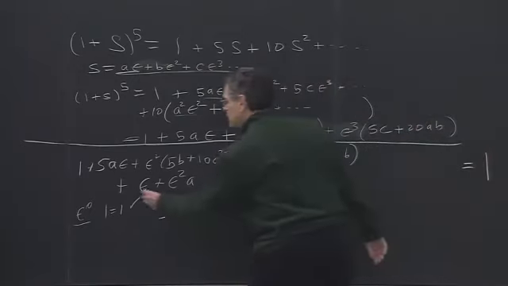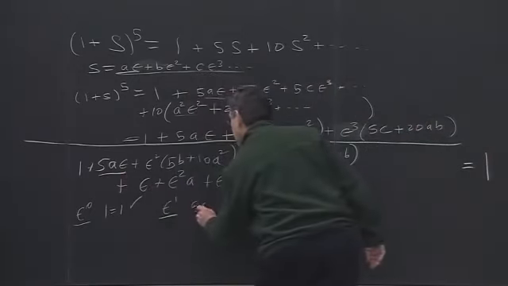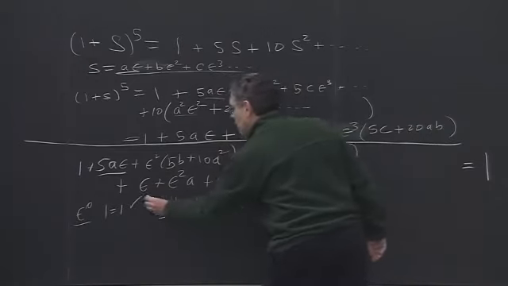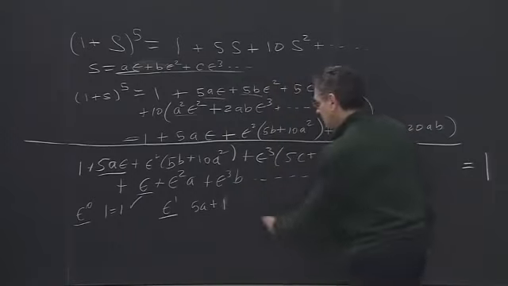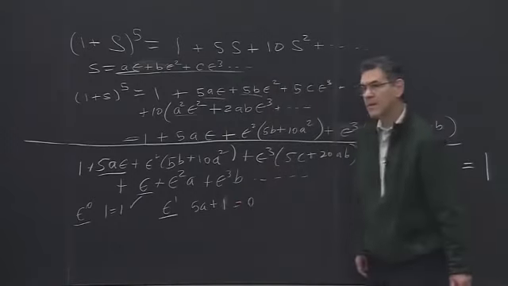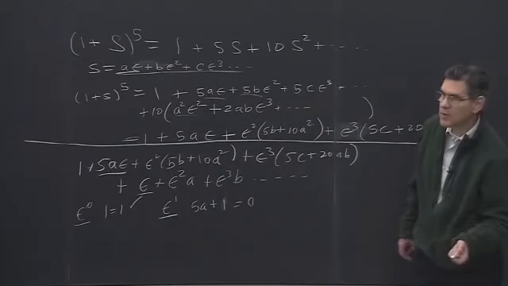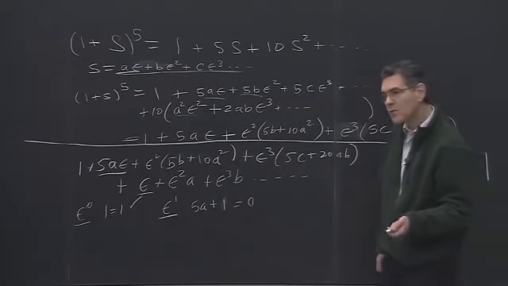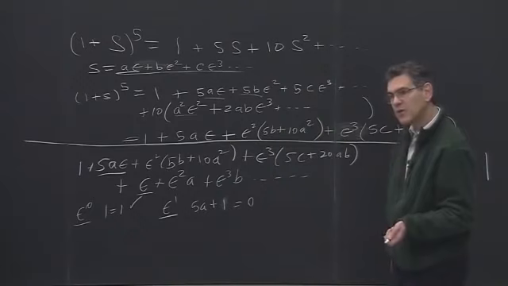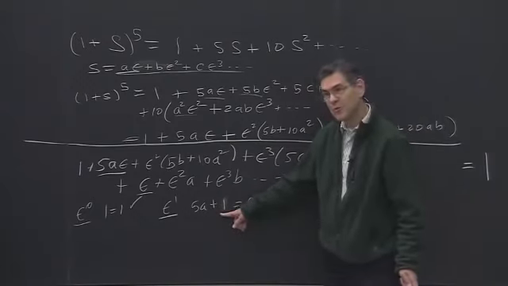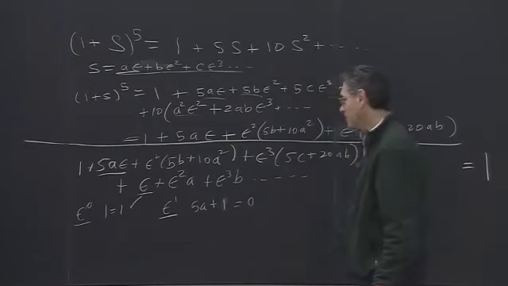That gives me the equation 5a, okay, there's an epsilon, plus 1 over here, because there's an epsilon, is equal to 0. Now, you remember what I told you. We do perturbation theory because it reduces a hard problem to a sequence of trivial problems. That problem is pretty trivial. You have to agree. This is a pretty trivial problem, okay?